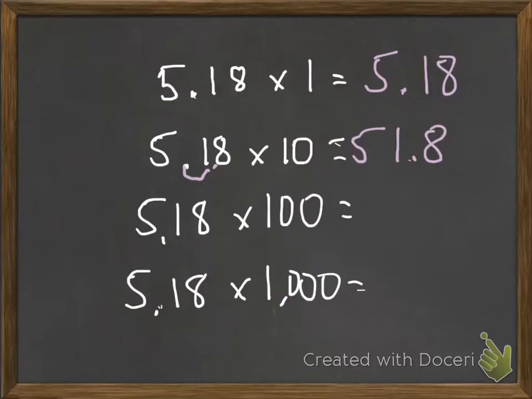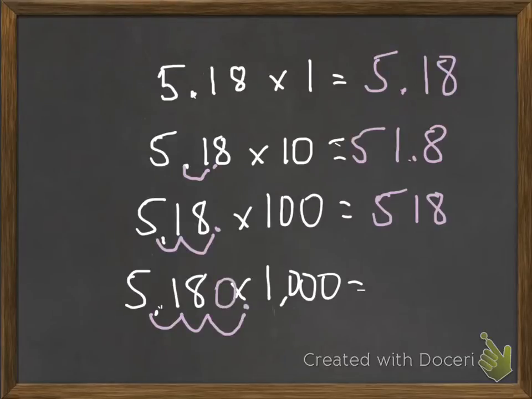If you had 100 groups of 5 and 18/100ths, you would move the decimal forward 2 places, and that would give you a product of 518. And in order to figure out 1,000 groups of 5 and 18/100ths, you would move the decimal forward 3 places, fill that spot in with a 0, and you would get as a value 5,180.